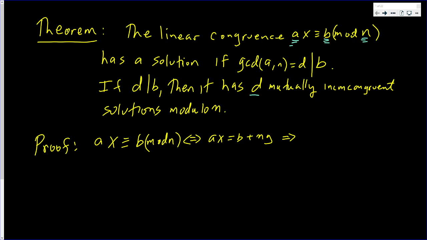If and only if, bringing the ny to the other side, ax plus n times negative y is equal to b. Now, this is a linear Diophantine equation, and the only way it has a solution is if the GCD of those two divides b.